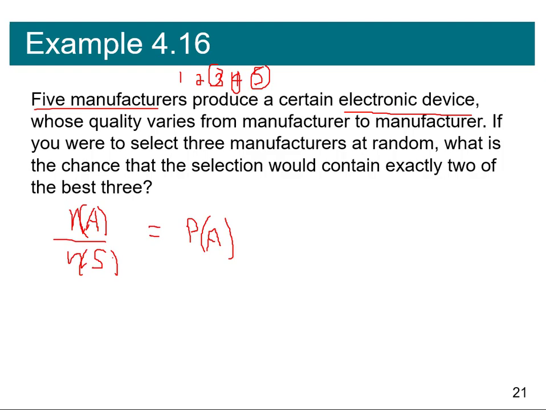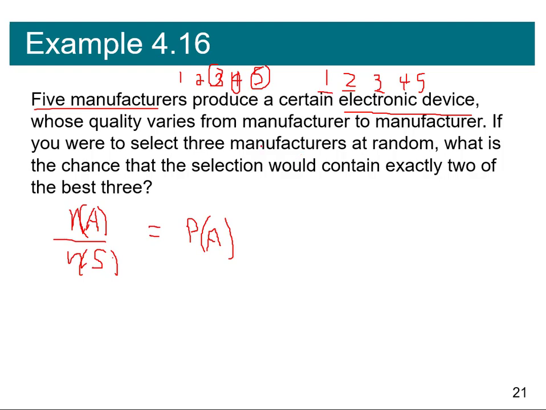Now I might have instead chosen, so suppose I had the first, second, third, fourth, and fifth ones like that. So this means that this is where the first one, the best manufacturing occurred, and this is where the second manufacturing, and I'm going to select 3 of them. So suppose I select this one, and this one.